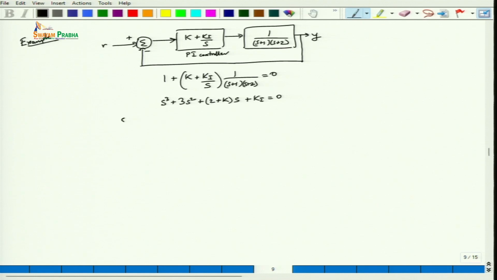So, we can formulate the route stability array, get 1.